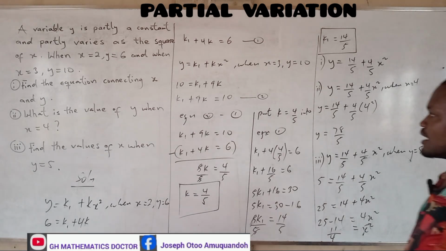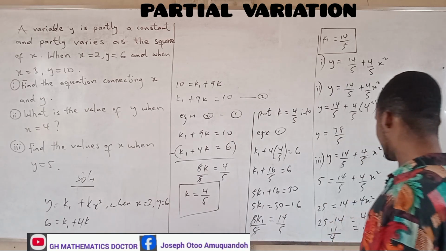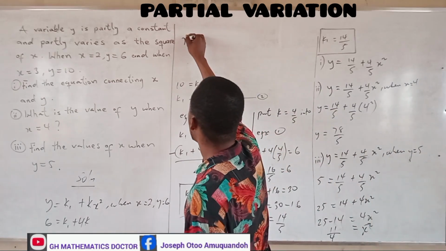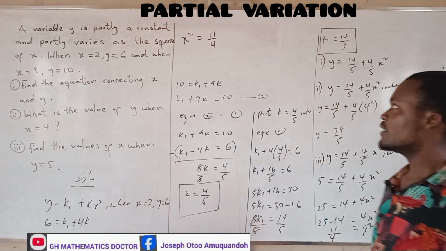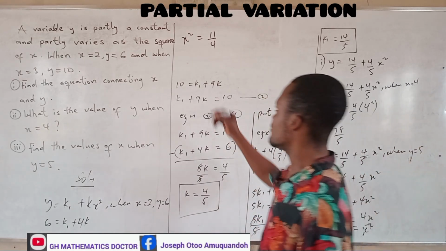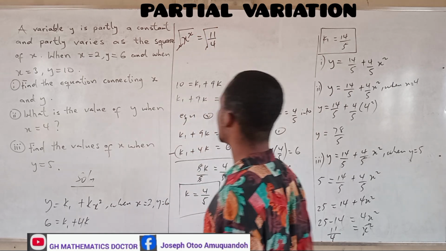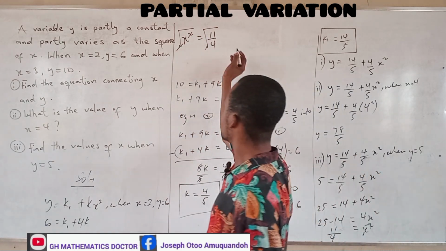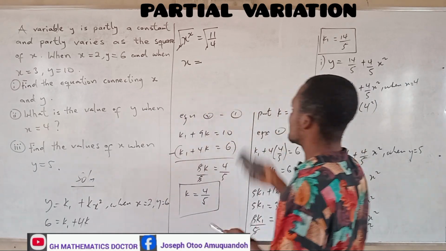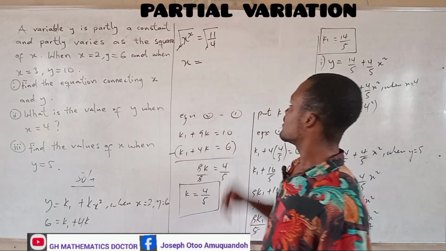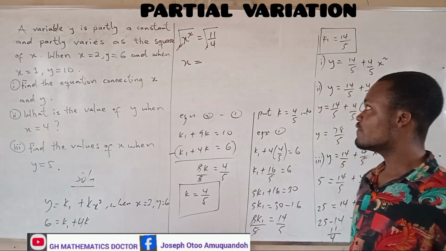So x squared is equal to 11 over 4. We need to find the value of x by introducing square root to both sides. So when we introduce square root to both sides, we cancel the square and the square root of x, giving x equal to, in this case, we can't find the square root of 11. We don't want to get any decimal values.